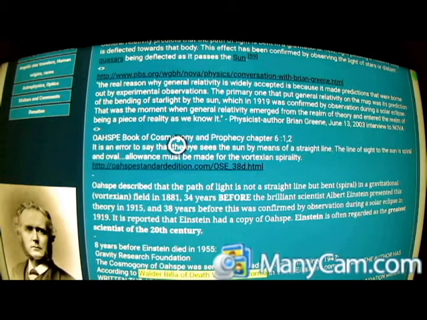So basically, it's saying here in Oahspe that light will not be straight to the sun, but spiral and oval, or curved is another word. Curvature of space-time in the Einsteinian language.